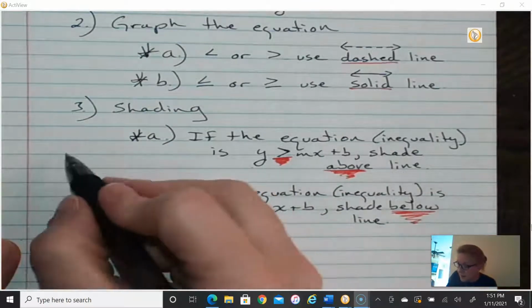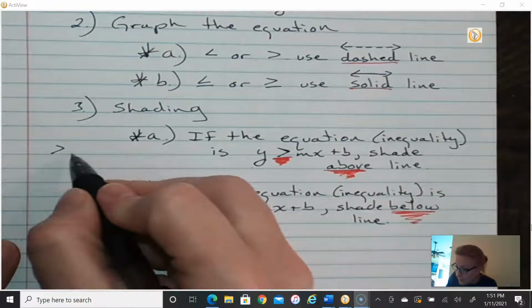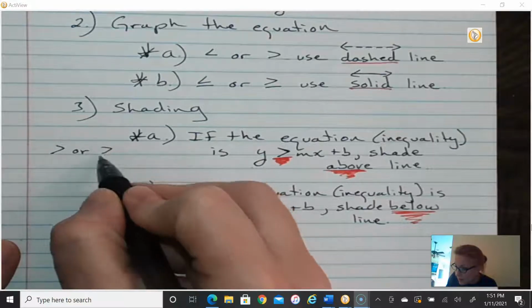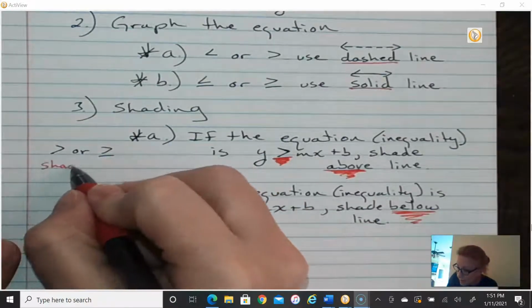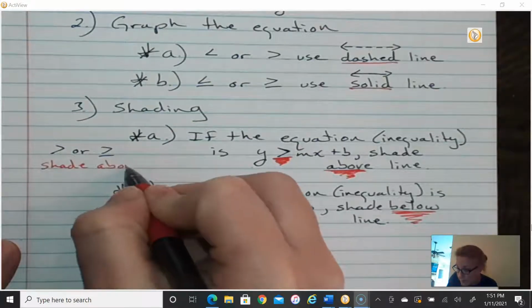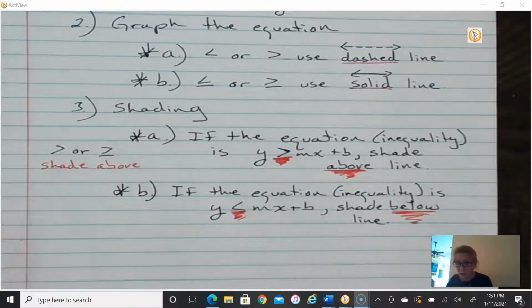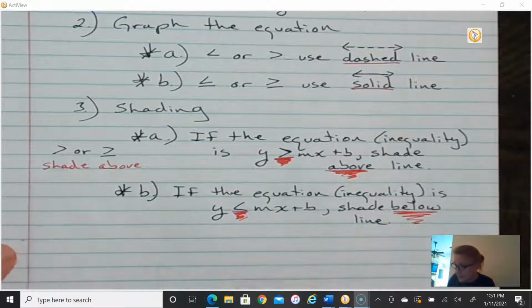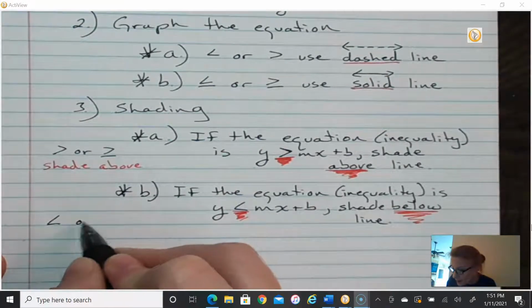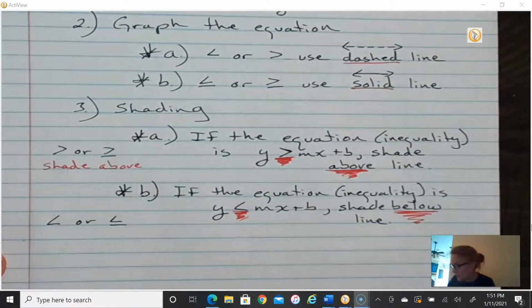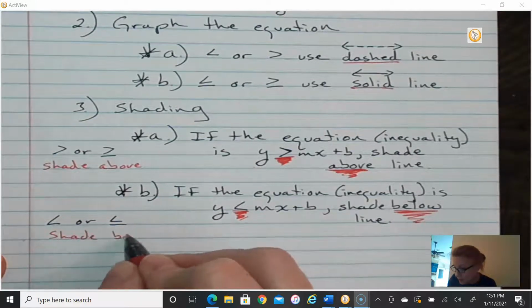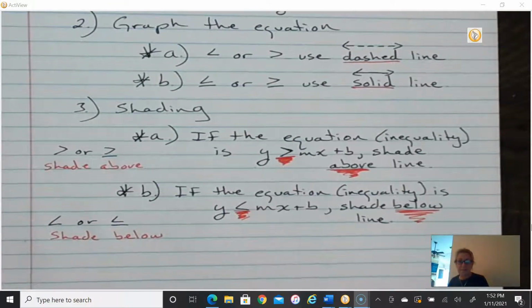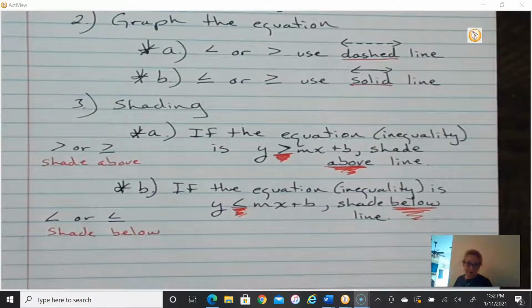So basically, if it's greater than or greater than or equal to, shade above. Makes sense. Greater than, above. If it's less than or less than or equal to, you're going to shade below. That's how you remember how to shade.